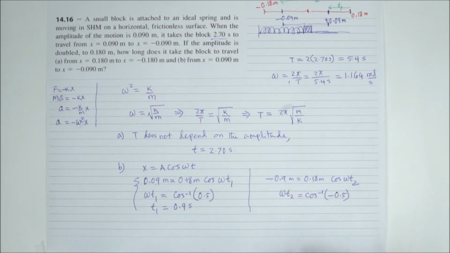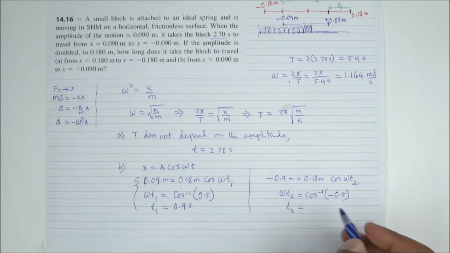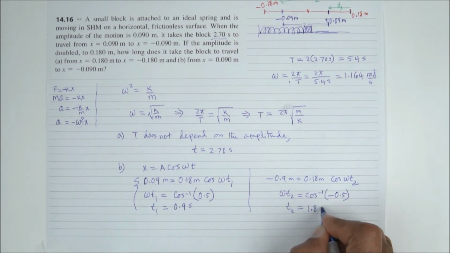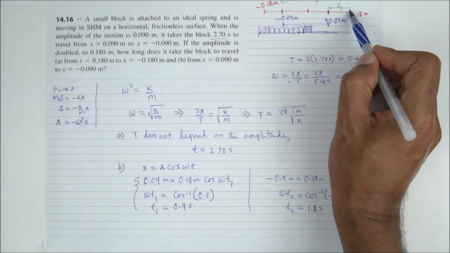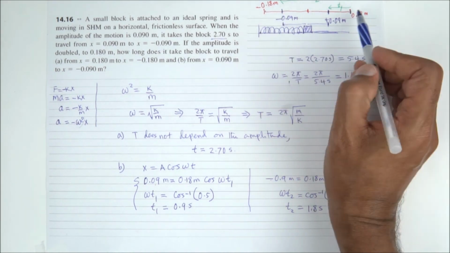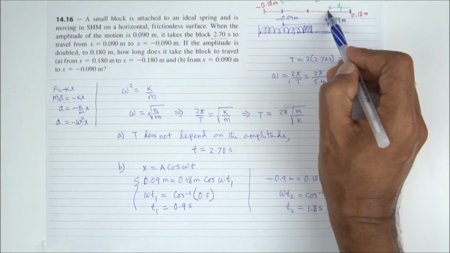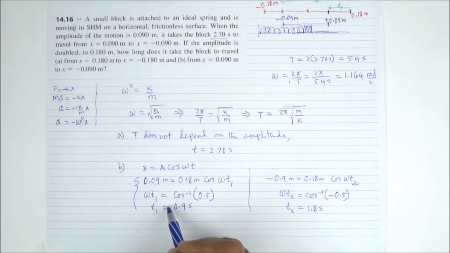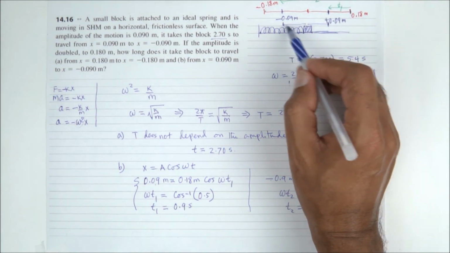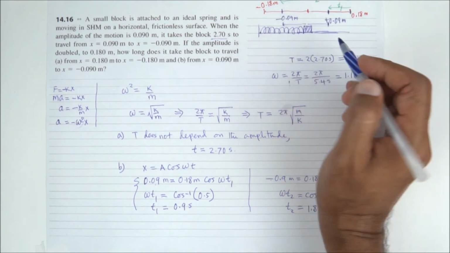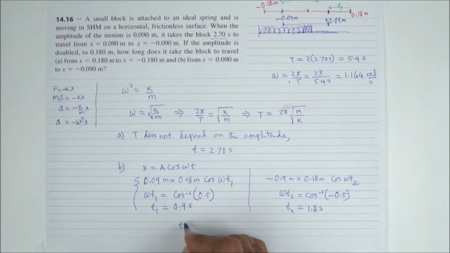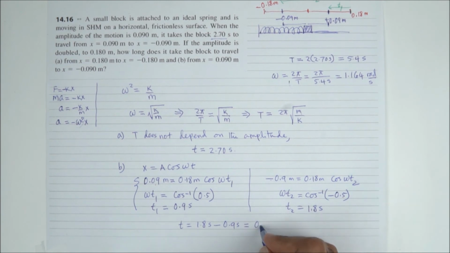Using a calculator in radians, T2 comes out to be 1.8 seconds. To go from here to there takes 1.8 seconds, and to go from the maximum to this point, that's T1, 0.9 seconds. So the difference, which is to go from here to here, is the answer. T is equal to 1.8 seconds minus 0.9 seconds, and that's 0.9 seconds.